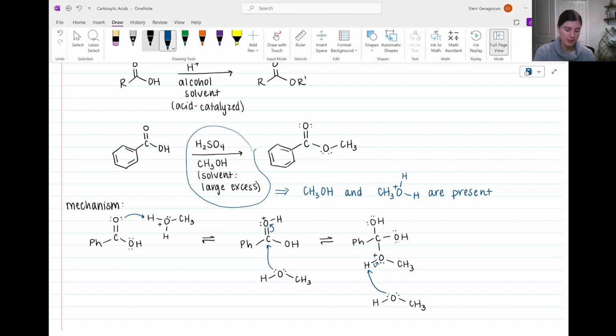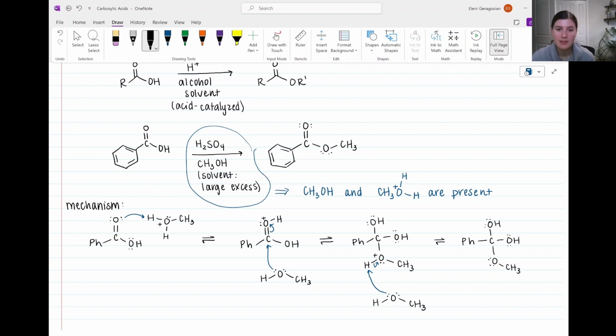So we use neutral solvent there. And that will produce our neutral tetrahedral intermediate. In our final product, we have a pi bond to that carbon.